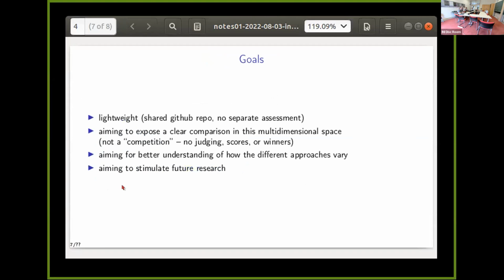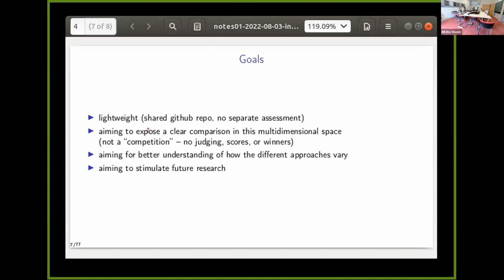What I would like to end up with, not today, but in the near future, is first something quite lightweight. I don't think any of us have the spare time or effort to do separate assessments. So we imagine maybe just a shared repo that people could add things to.